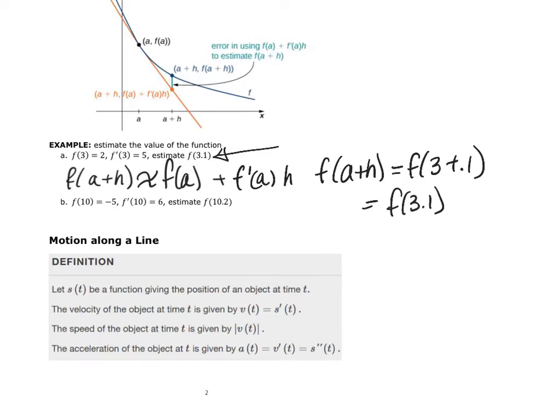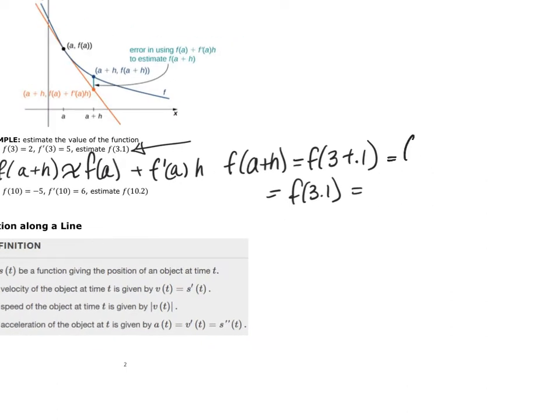Okay? So this is going to be equal to what f of a was. Well, that's f of 3. So f of 3 is 2. So this is going to be equal to f of 3, which is just 2. And then it's going to be plus f prime of 3, multiplied by our h, which is 0.1. So plus 5 multiplied by that 0.1.